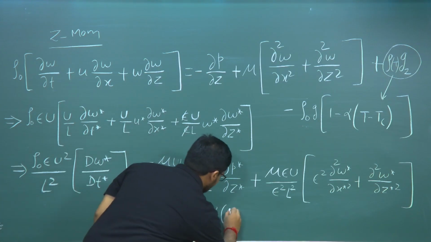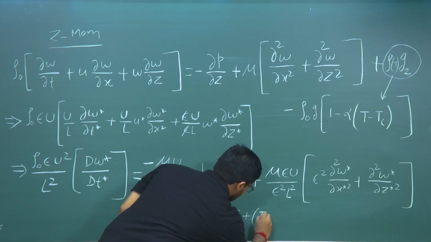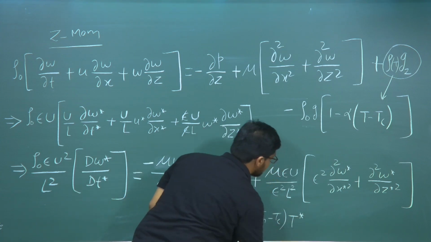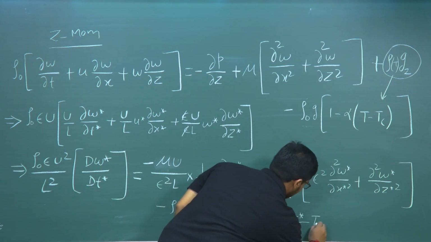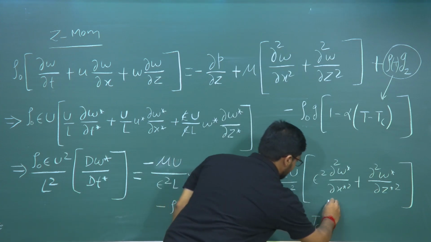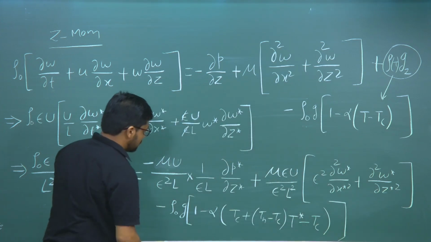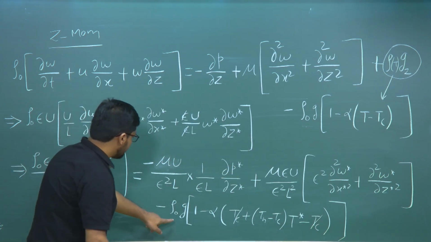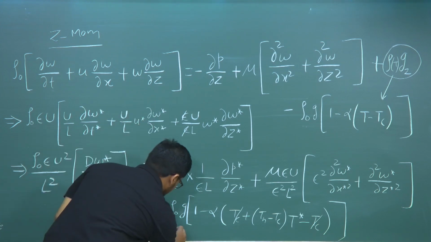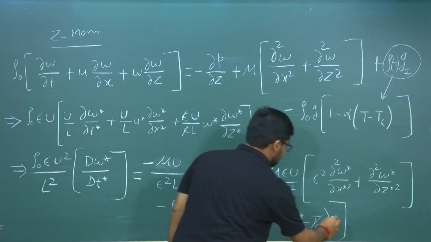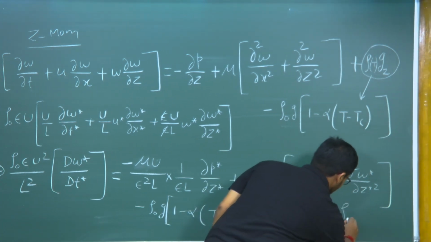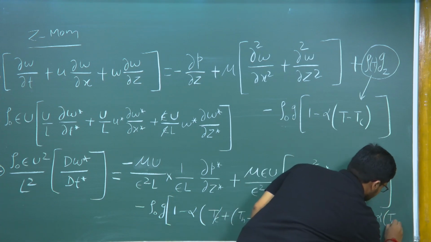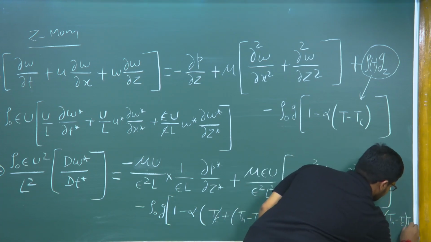So, this will be Tc plus Th minus Tc times T star minus Tc, right. So, now you can see that this Tc will cancel out, and this term will be nothing but rho naught g into 1 minus alpha Th minus Tc times T star.